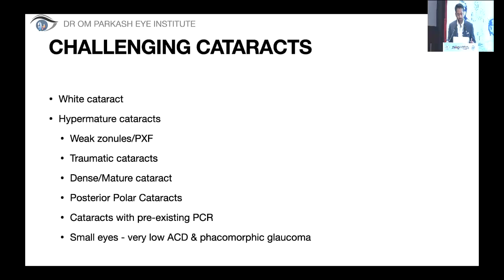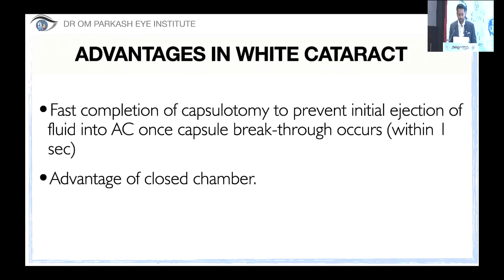And then, of course, cataracts with pre-existing PCA, especially patients who had previous anti-VEGF injection, as you get the advantage of an OCT in FLACS. And then small eyes, where, with very low ACD, you get difficulty in doing capsular rexes, and phacomorphic glaucomas.